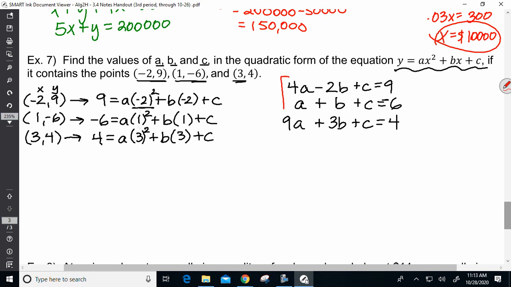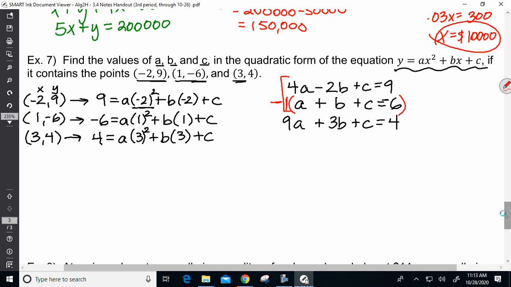Elimination. So, both of those C's are positive. How are we going to get rid of that? There you go. Multiply one of the equations by -1.